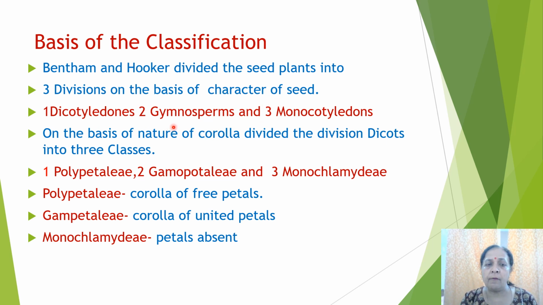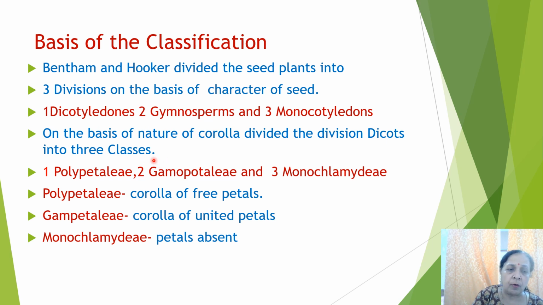On the basis of nature of corolla, they again divided the dicots into 3 classes: polypetalae, gamopetalae, and monochlamydeae. Polypetalae means where the petals are free, gamopetalae means where the petals are united, and monochlamydeae means where any whorl of perianth is absent or corolla is absent.